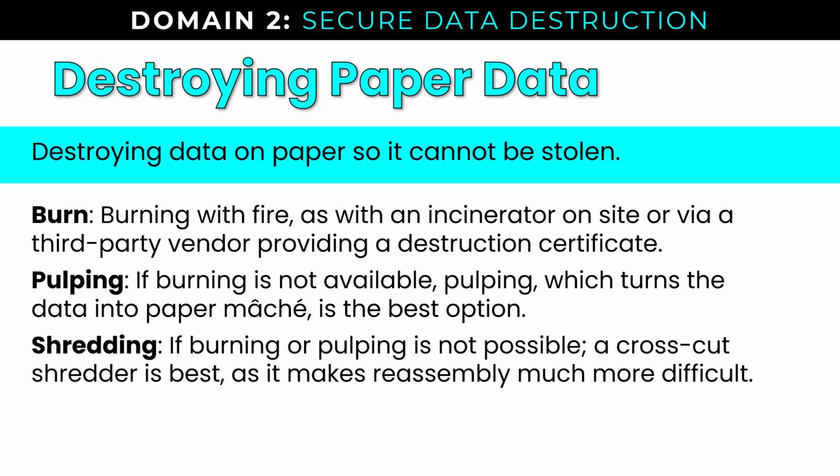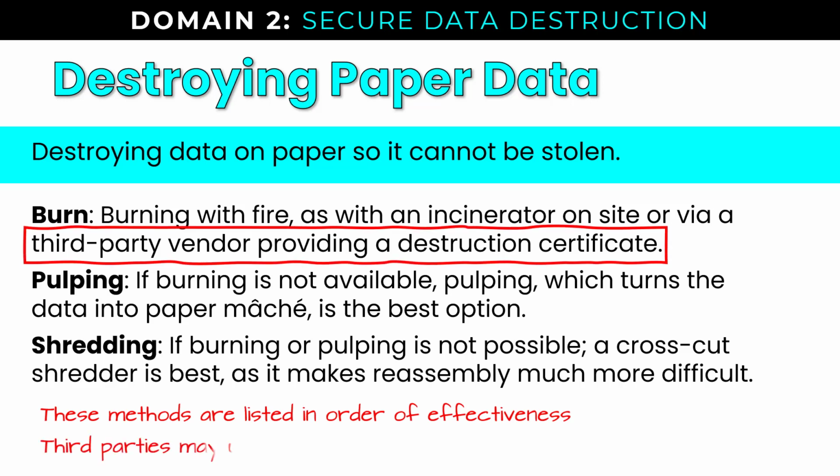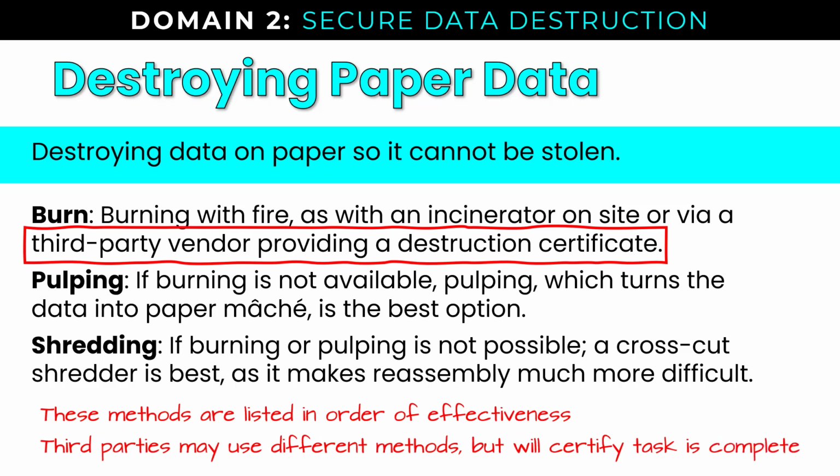If burning or pulping isn't possible, a cross-cut shredder would be best. It cuts at 2 angles, so think vertically and horizontally, chopping it into smaller pieces to make reassembly much more difficult than just a one-way shred. These methods are listed in order of effectiveness, though. And third parties may use different methods, but generally all will certify the task is complete. They'll give you some sort of certification notification.